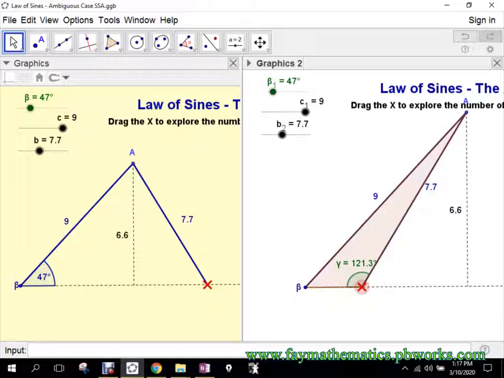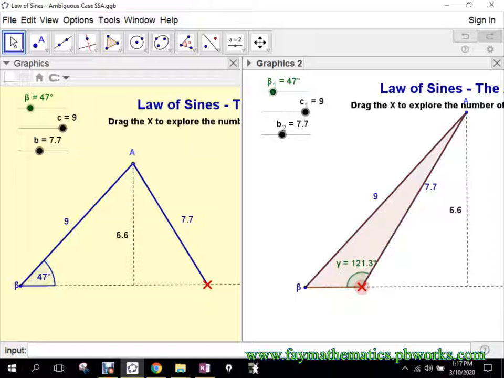Okay? Let's say for some reason the first angle we found here was, let's say, 78.3 degrees. Let's say this ends up being like 140. No, scratch that.